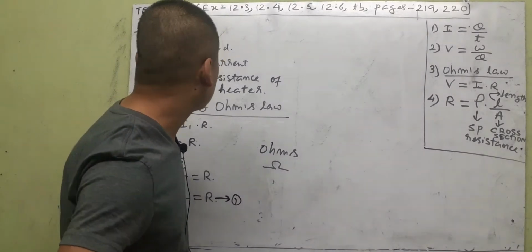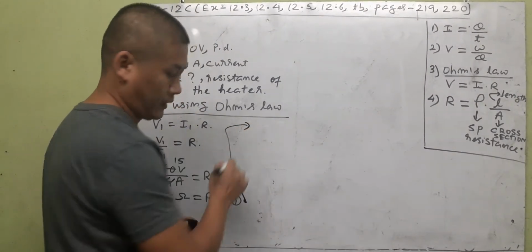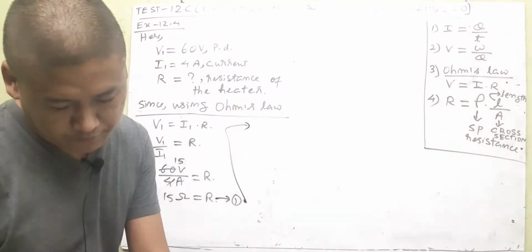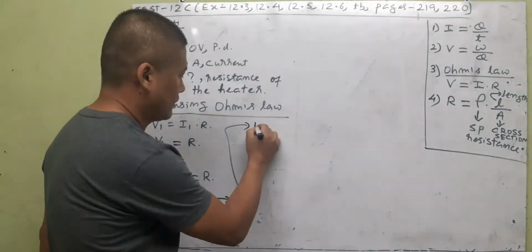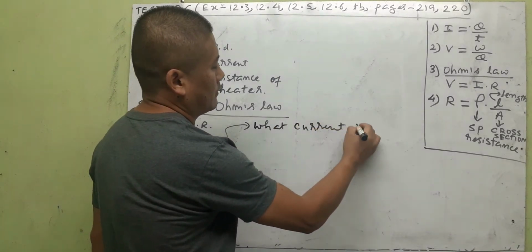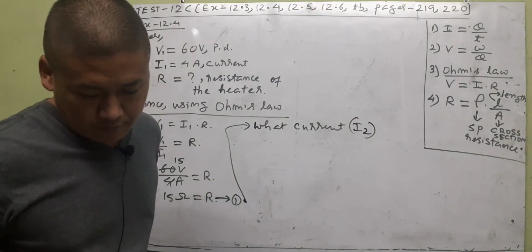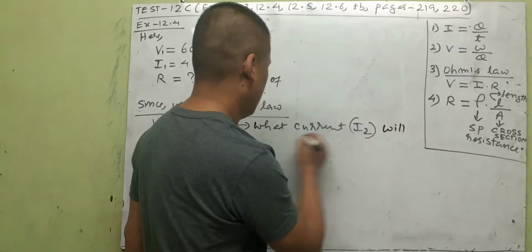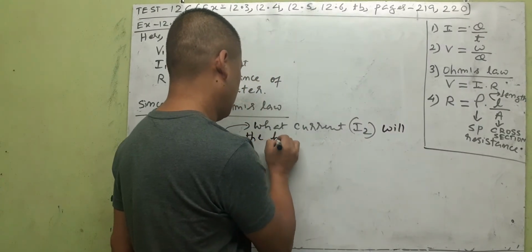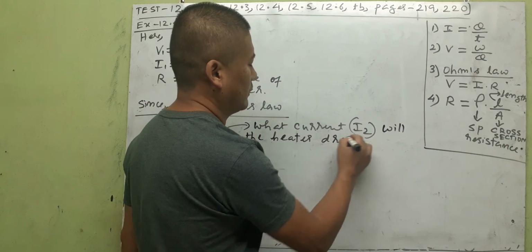Let's go to the next case, and write in the format of the question: what current, let us say I2, will the heater draw, meaning this is the same heater, right?